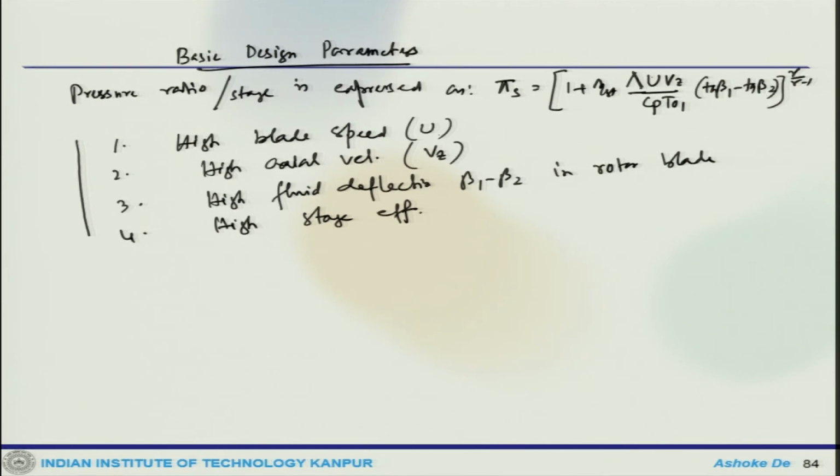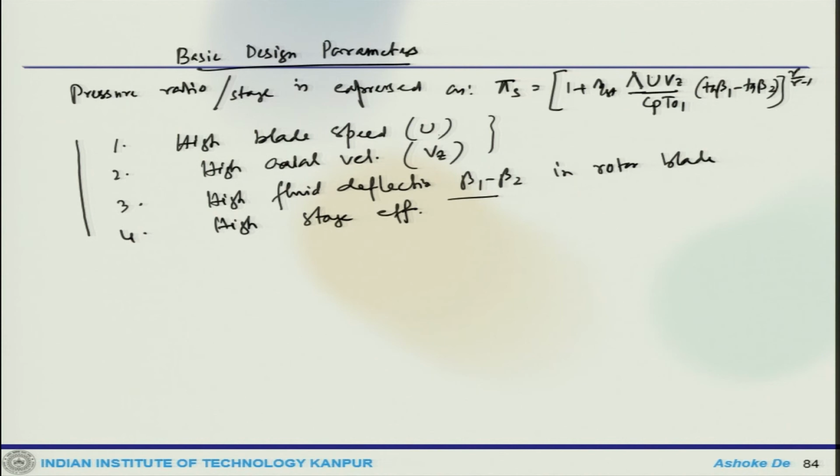Compressors in the old days had a maximum tip Mach number typically around 0.8, which has nearly been doubled for the present transonic compressor, now 1.4 to 1.7. Also, this fluid deflection angle has an upper limit, which is determined by the diffusion factor, and stage efficiency has several loss limitations.